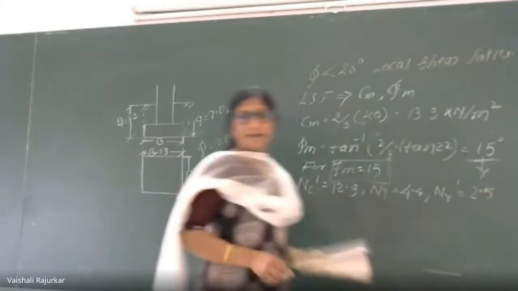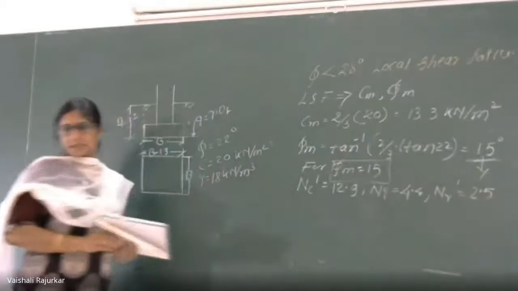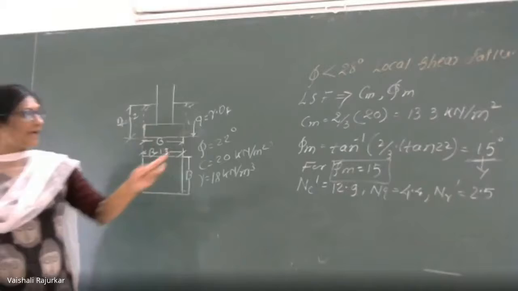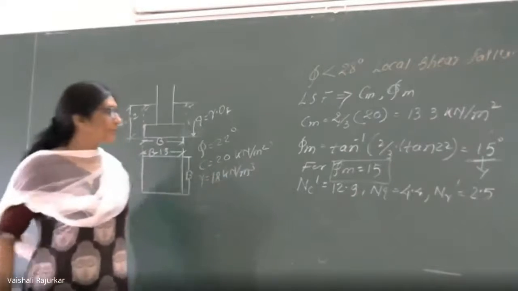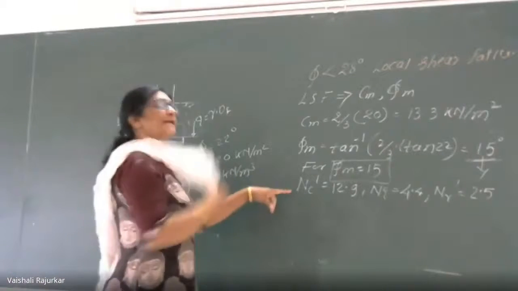So these are directly taken from the table. Now this is NC dash, NQ dash.